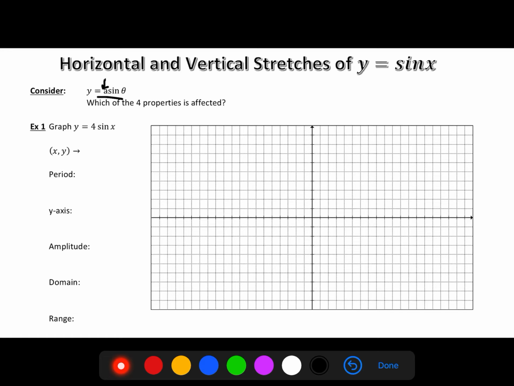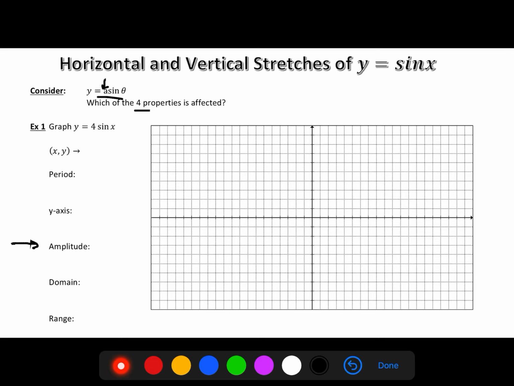That a value out front stretches our base function vertically, which means that our amplitude is going to change because our graph is going to be taller. And because we have a max and min in sine functions, both are going to change.